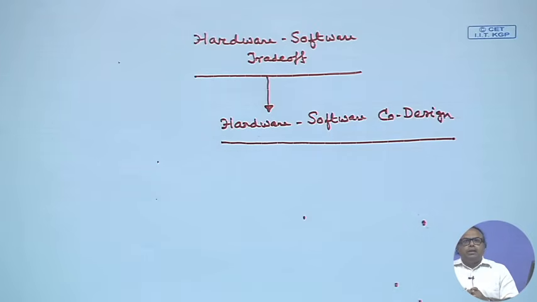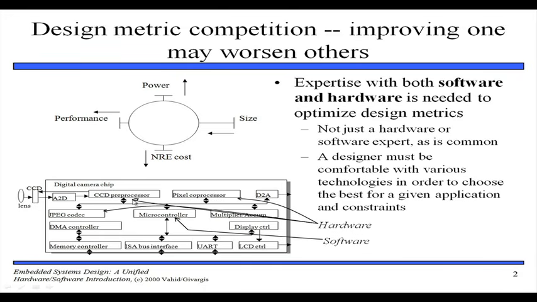Now, let us look at this picture. Here in the digital camera chip, we have got so many functions to achieve. Now, this CCD preprocessor, I can map it to a hardware.